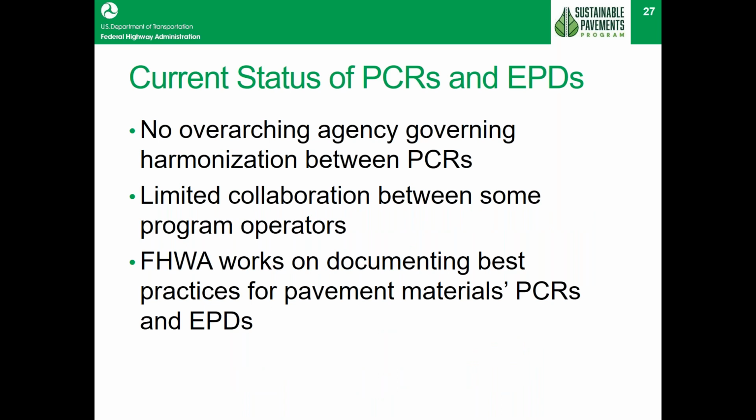As I mentioned earlier, there really is not harmonization of product category rules. This is the big challenge. There are a lot of potential components to a product category rule, and both the products and the processes necessary to enable development of those products have a lot of breadth, and there are a lot of different ways to analyze the associated impacts.